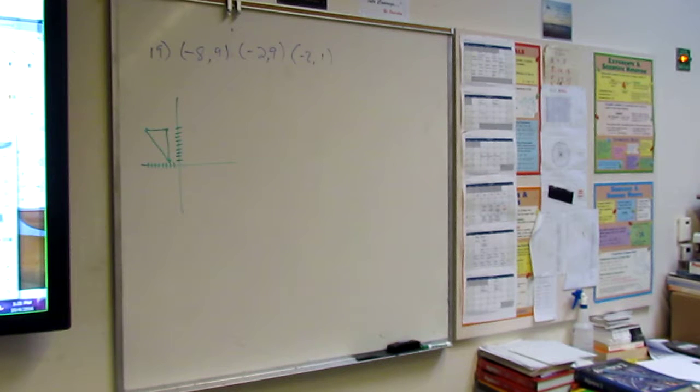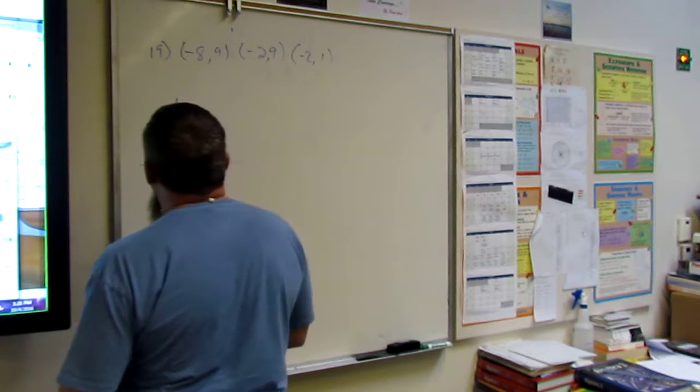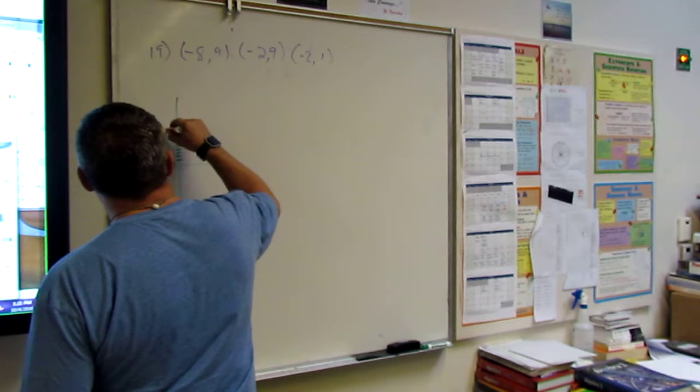So you find the slope. So the whole key is that you're trying to go with a perpendicular from this point.